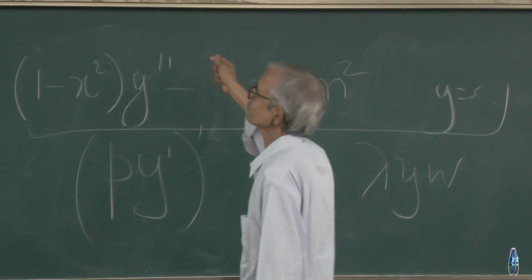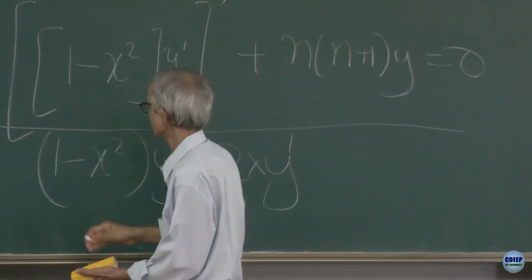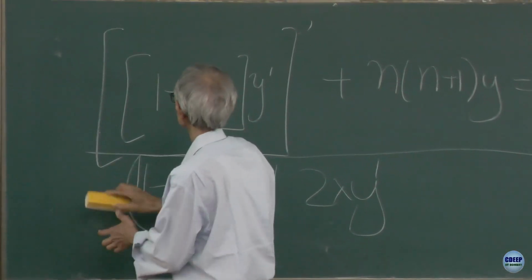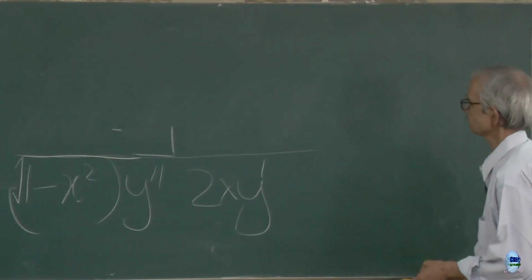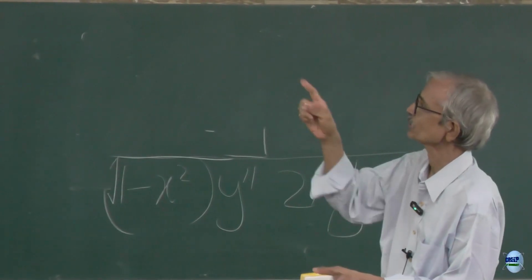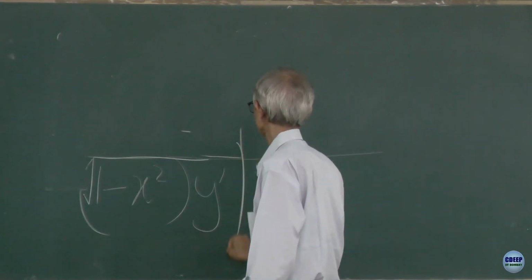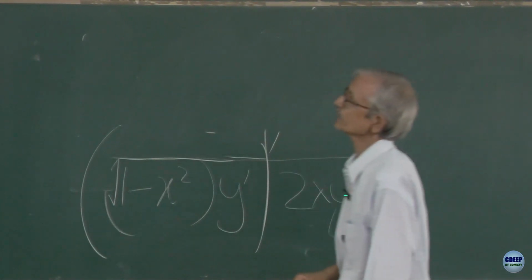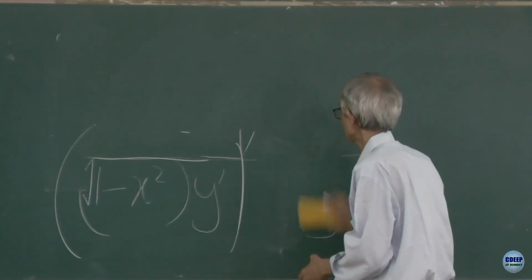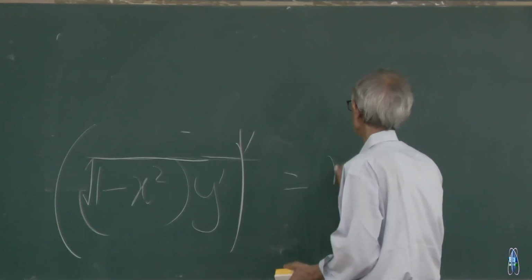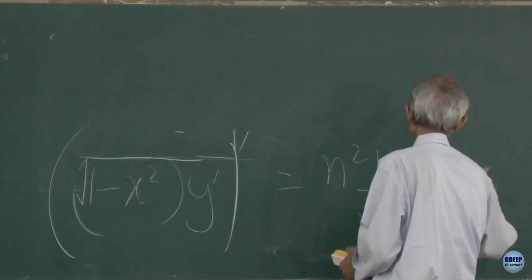So if we are looking at the Chebyshev equation, it is square root of 1 minus x square y prime, the whole prime, and then you can show that you have n square times 1 by under root 1 minus x square y.